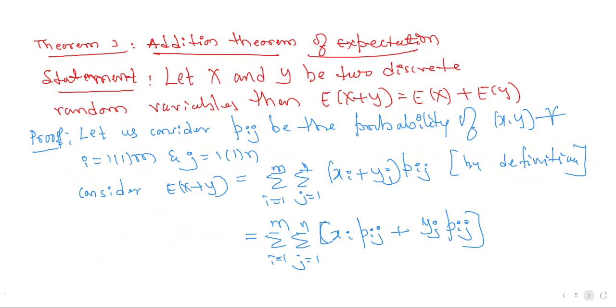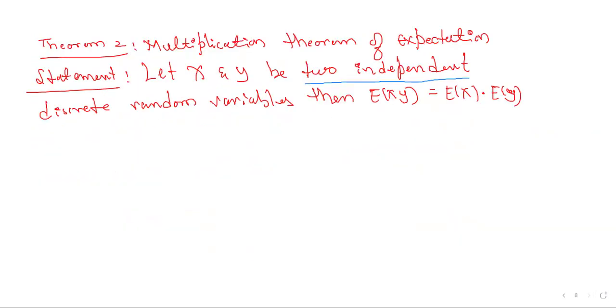Here we require any two independent only. Otherwise, this theorem is not suitable for dependent variables. It is only suitable for independent variables. So the theorem says the expected value of xy is equal to the expected value of x into the expected value of y. Now we are going to prove this theorem.